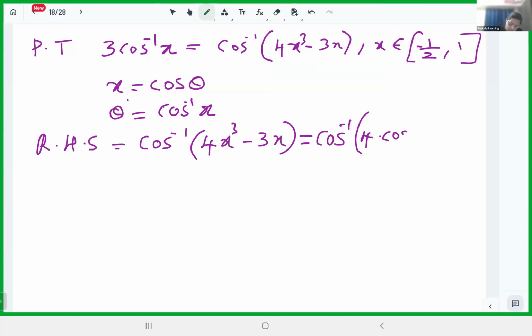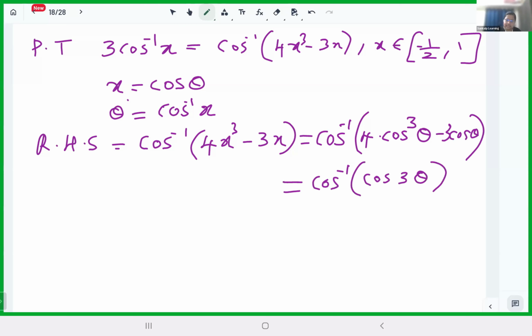So that is equal to 4 cos cube theta minus 3 cos theta. All right. So what is 4 cos cube theta minus 3 cos theta? Cos 3 theta, right? So cos inverse of cos 3 theta is equal to 3 theta.